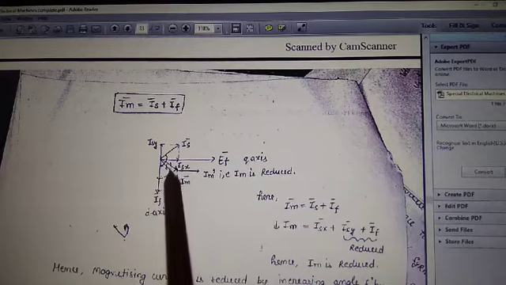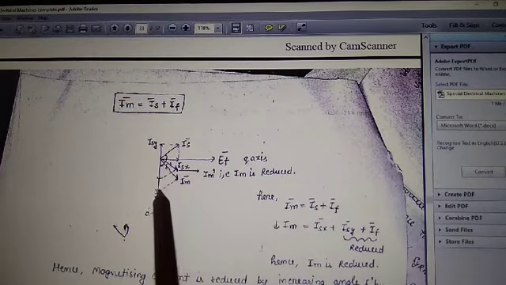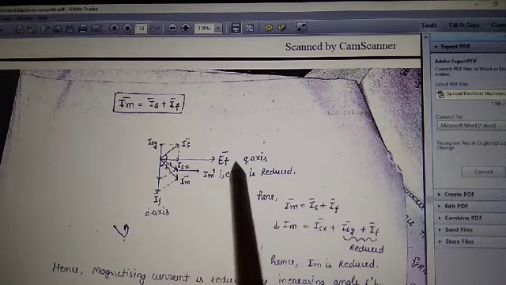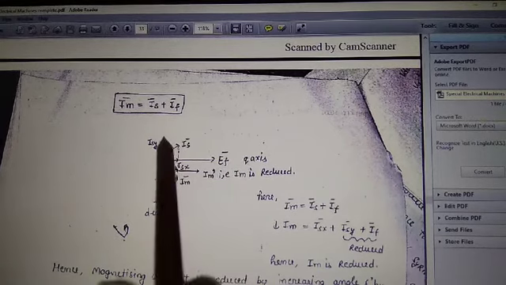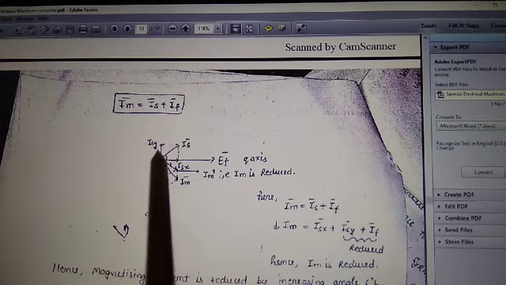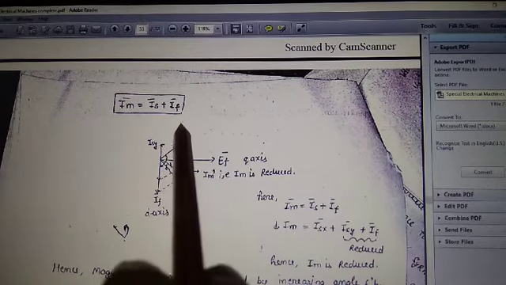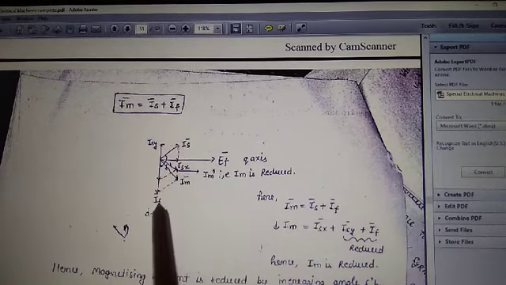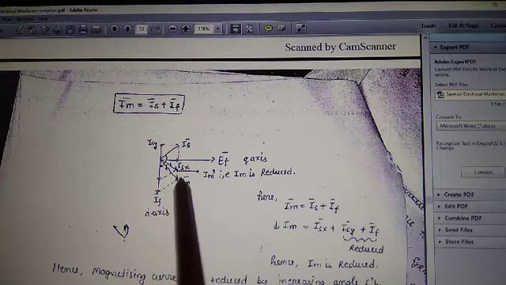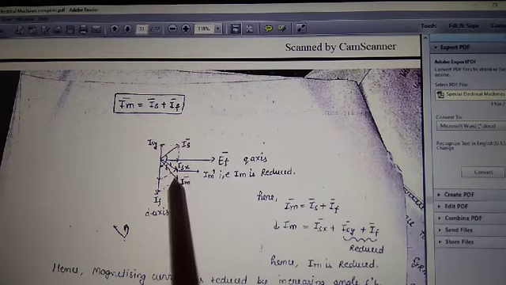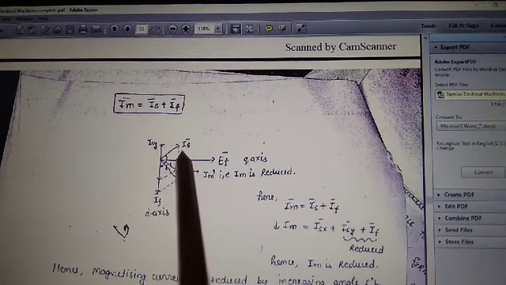By opposing or suppressing the field current value, we decrease the Im value, and if this vertical component, that is Isy, is increased, Is moves upward, because Im is the resultant of If plus Is, okay.